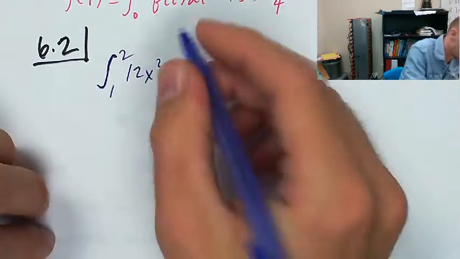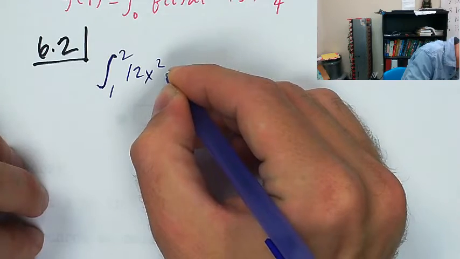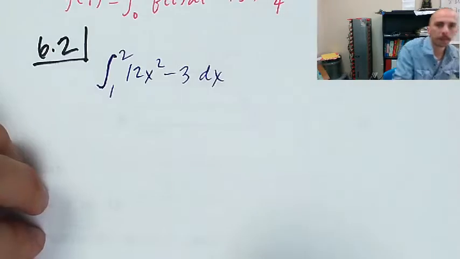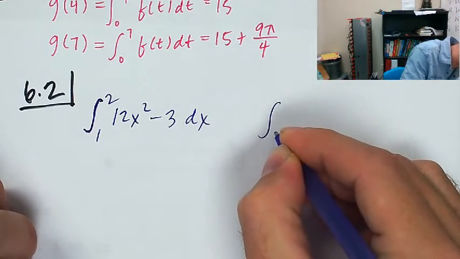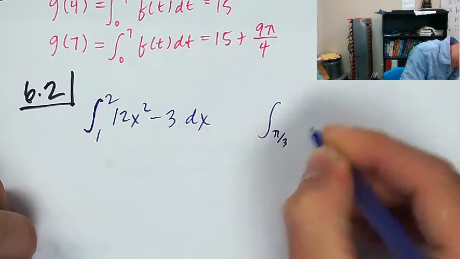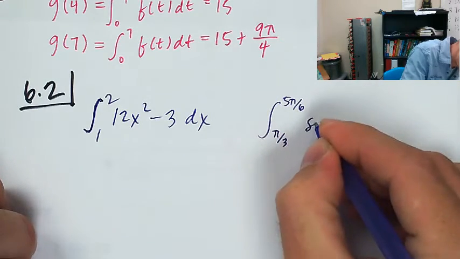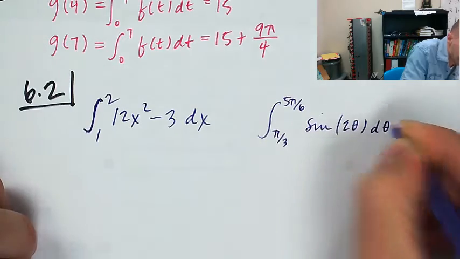I don't want to take too much of a risk, so minus 3, we'll say. And then maybe I'll do one with some trig in it. Maybe the integral from pi over 3 to 5 pi over 6 of sine of 2 theta d theta.